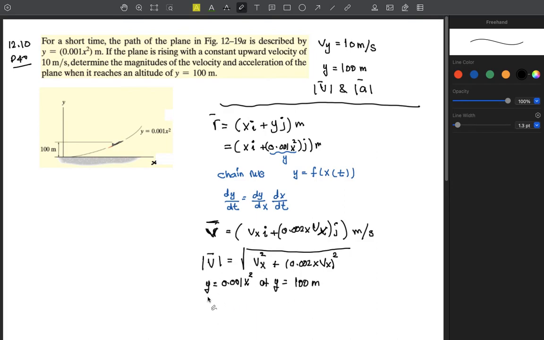So if you substitute this here, you get 100 equals 0.001 x squared, and then as you solve for x, you'll get x equals 316.2 meters. So this is x. Okay.